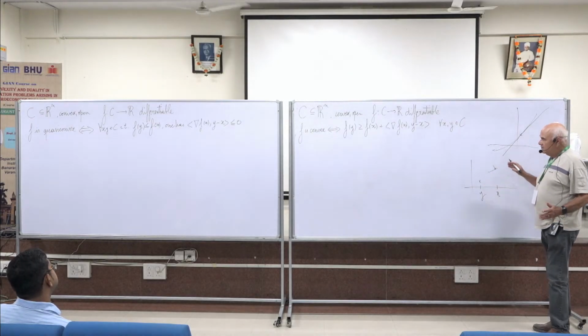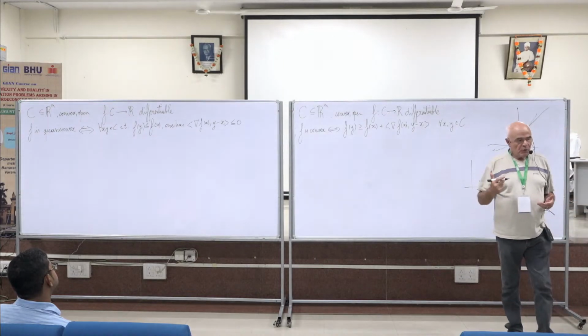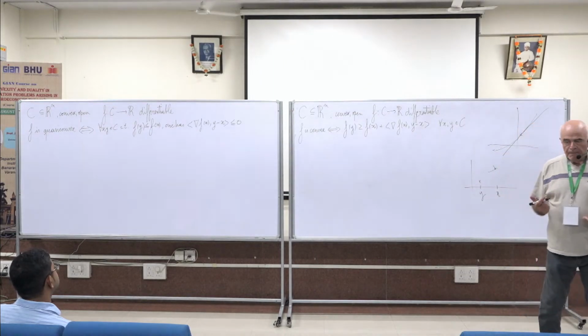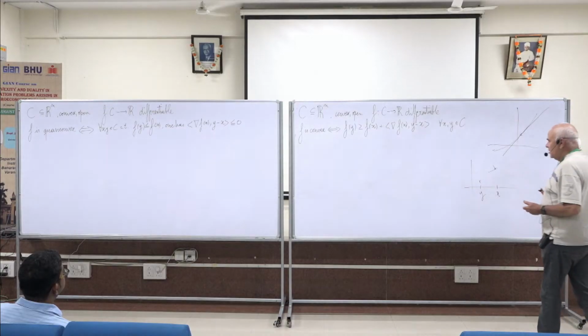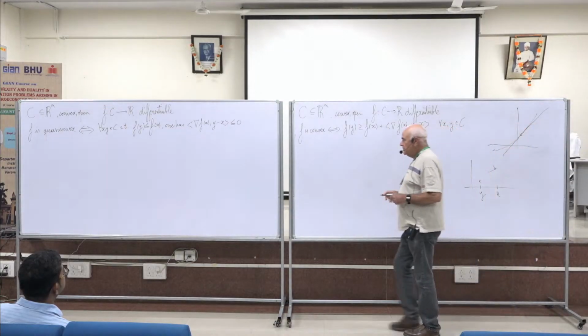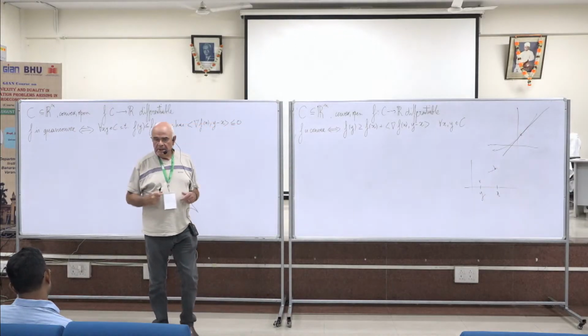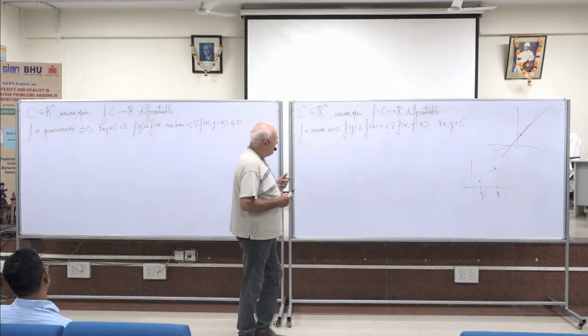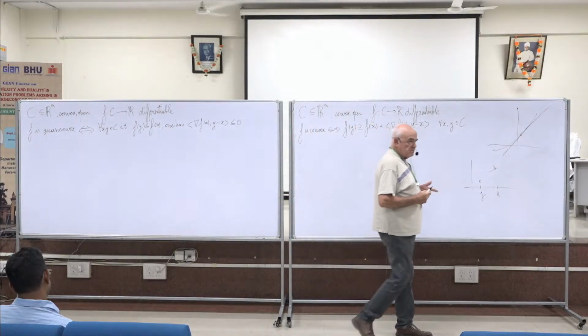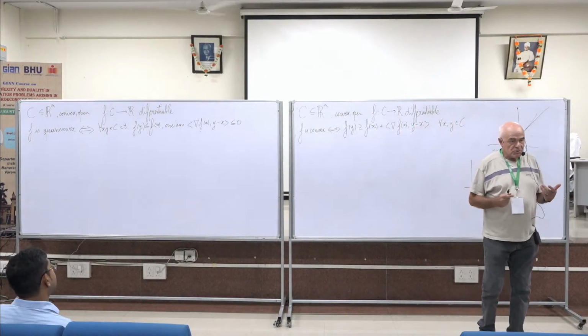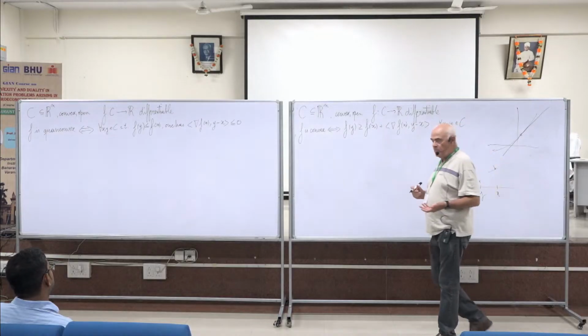That's the idea. And before proceeding to the proof, let us observe that this condition is easily seen to be implied by this condition, as it should be, because convexity implies quasi-convexity.